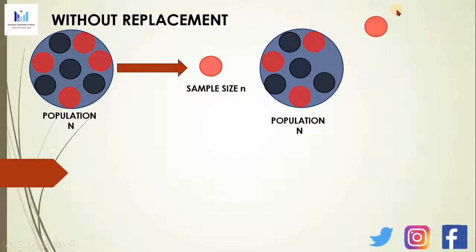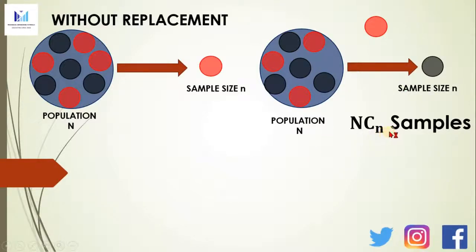Now the red ball is kept outside the population. Now there will be 7 balls in the total population. From these 7 balls, that is 3 red and 4 black, a random sample is drawn. So this is without replacement. In this case there will be NCn random samples.